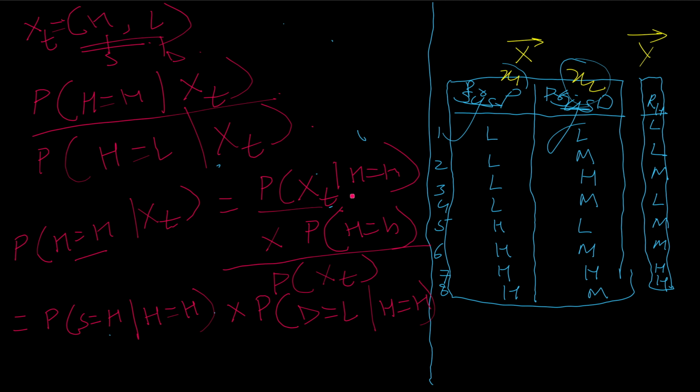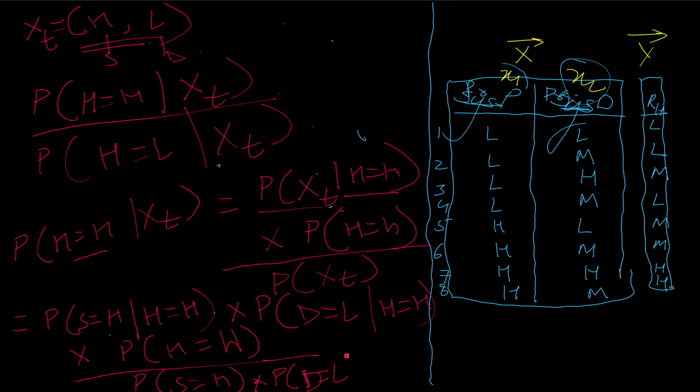This is the expansion of this part alone, multiplied by the overall probability of heart risk is equal to high from our data, irrespective of which class it is, and the whole divided by the probability of having a systolic pressure equal to high, multiplied by having a diastolic pressure equal to low. Now let's find out the values for each of these things. What is my probability of systolic pressure is equal to high when heart risk is equal to high.